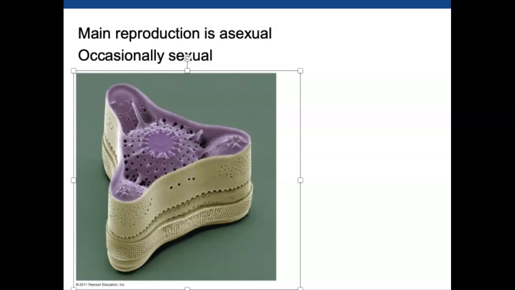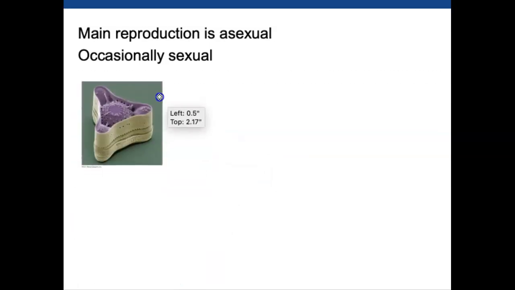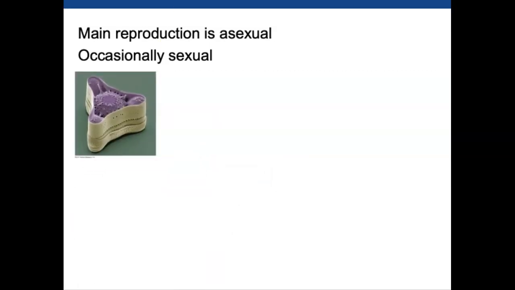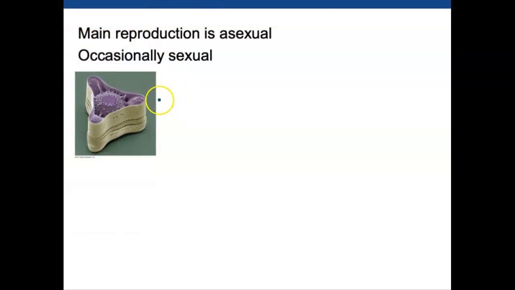Occasionally, they will reach a point where they have to go sexual reproduction. So this is how this is going to work. Let me make this guy a little smaller. So here's your original diatom. It's tooling around, doing its thing, and it says, oh, time to reproduce. So what it's going to do is it's going to pop itself in half.